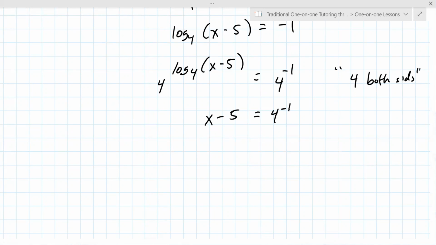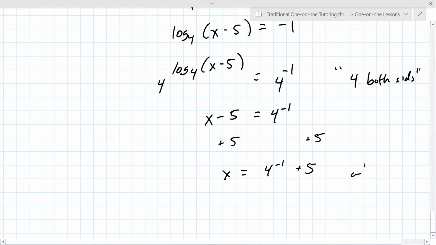So now you're going to add 5 to both sides. So x equals 4 to the minus 1 plus 5. But what is 4 to the minus 1? This is really 1 over 4. That's what the negative exponent means.